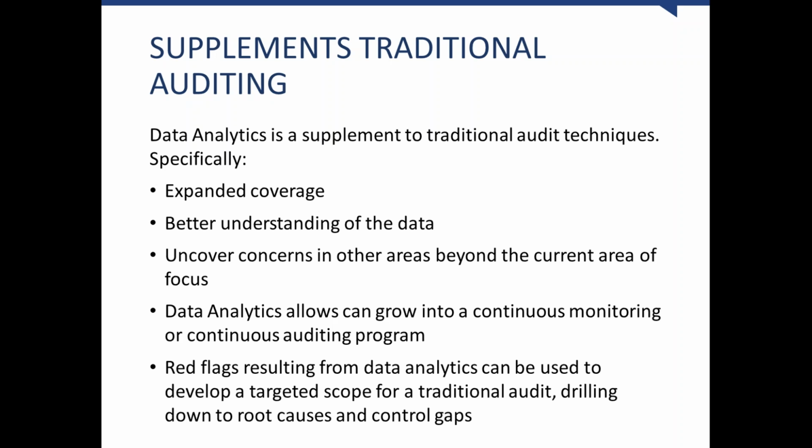And I do want to mention that analytics can uncover concerns in other areas, because that is something that we did in that regulatory audit I mentioned earlier. I started down one path of rules, and what I found was that a company shouldn't have been listed because they didn't meet the criteria. And somebody said, no, they did, but it looks like the data got changed after they got qualified, and that's why your algorithm is giving us a different result.